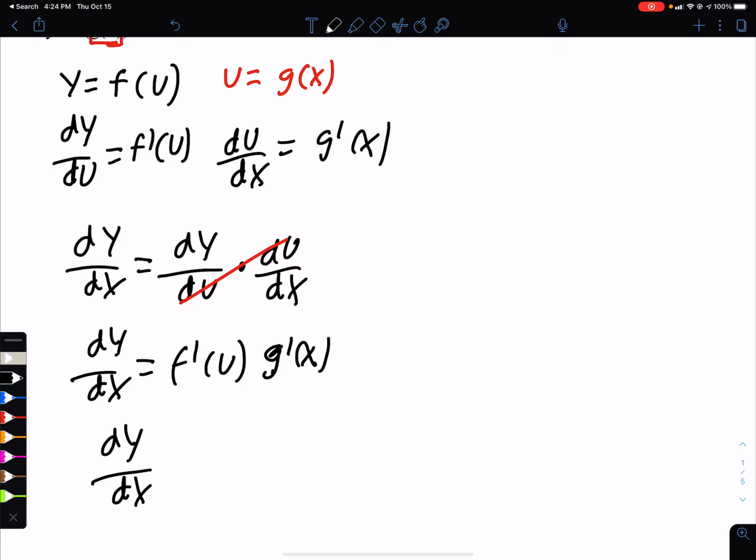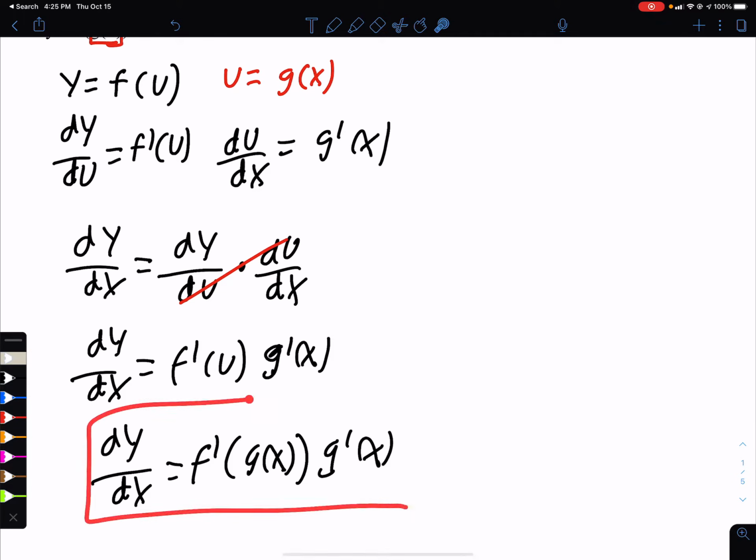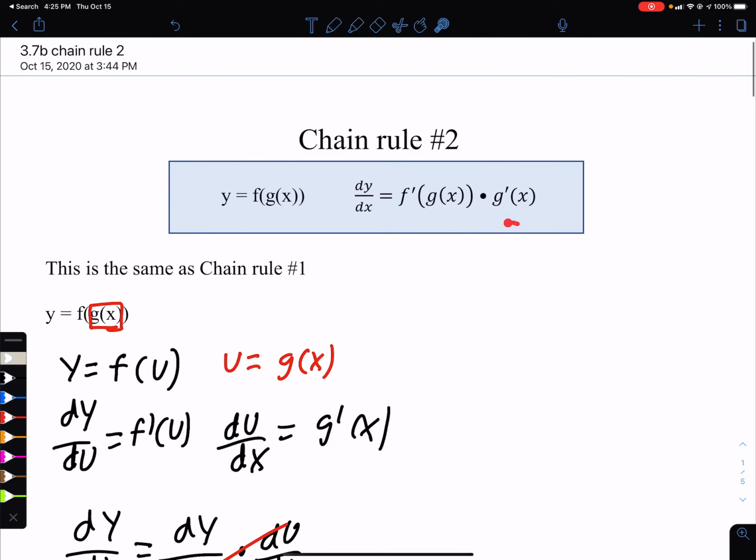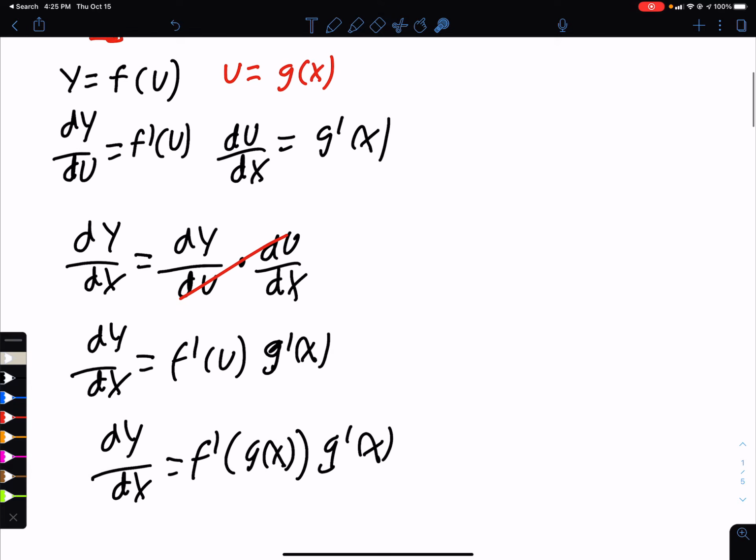So dy dx by the chain rule is f prime, this gets replaced with g of x, times g prime of x. And so if you look, this is the chain rule we have here. And hopefully you can see the connections of how everything worked.